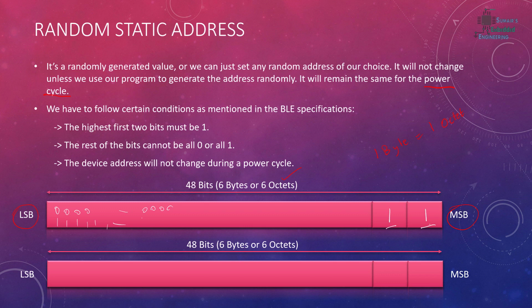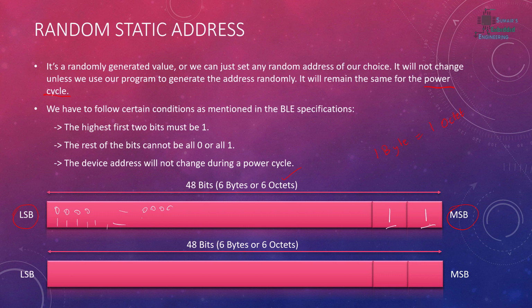And the third rule is that the device address will not change during a power cycle. In the SDK this has been implemented. So if we try to change the device address during the power cycle, or the device hasn't been reset, then our address handle will become invalid because it cannot change.